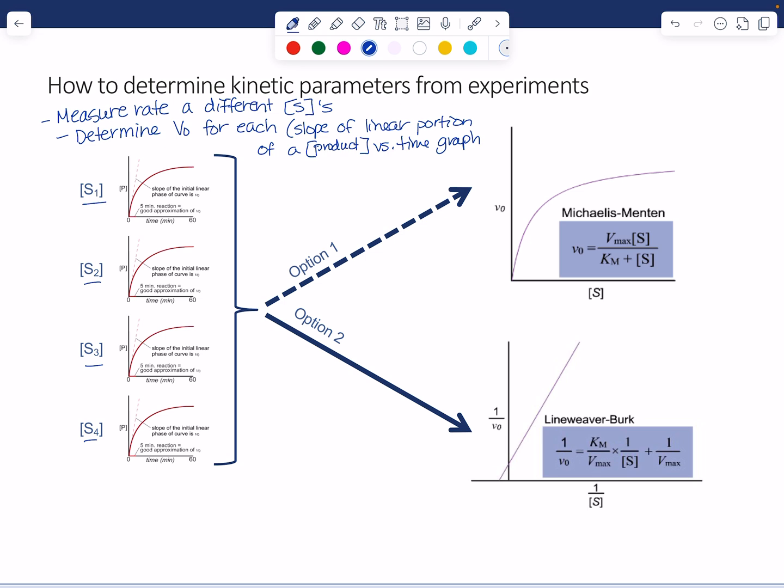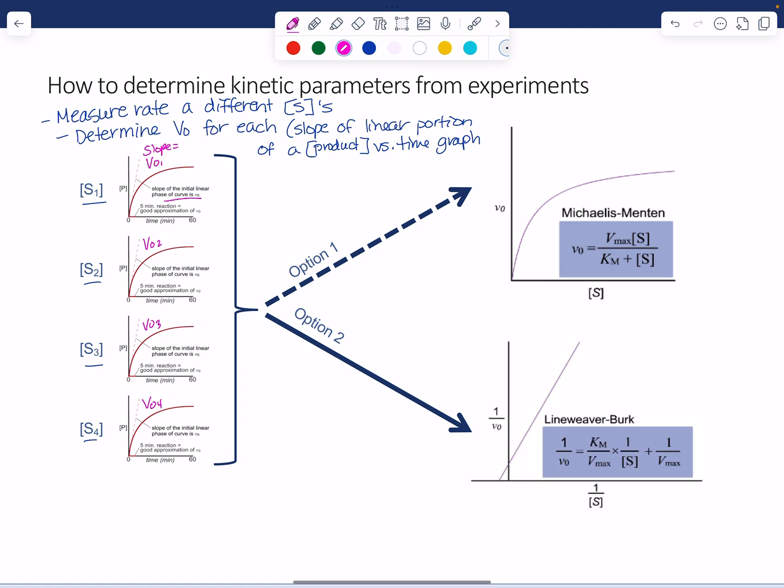We're going to do this multiple times, using a different substrate concentration each time. Then each one of these is going to be a V0 value. So the slope of this line is going to be V0 for substrate concentration 1. This is going to be V0 for substrate concentration 2, 3, and 4.